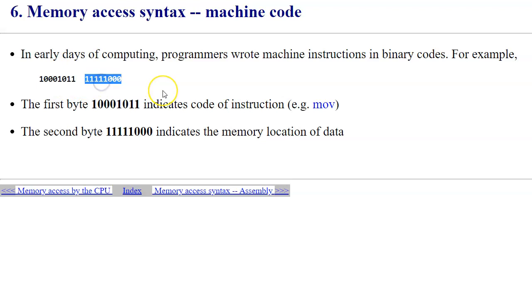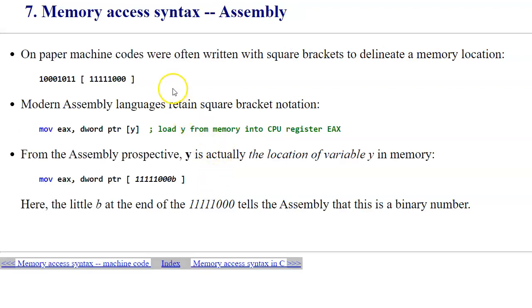The second part of this instruction could specify a location in memory. On paper, these machine codes looked pretty difficult and unreadable. So programmers developed a technique to add more distinguishable elements to the syntax, such as square brackets, to delineate the structure of the instruction: this is an opcode and this is the actual memory location.